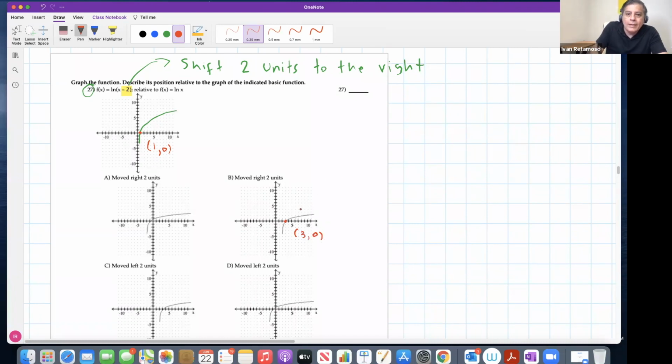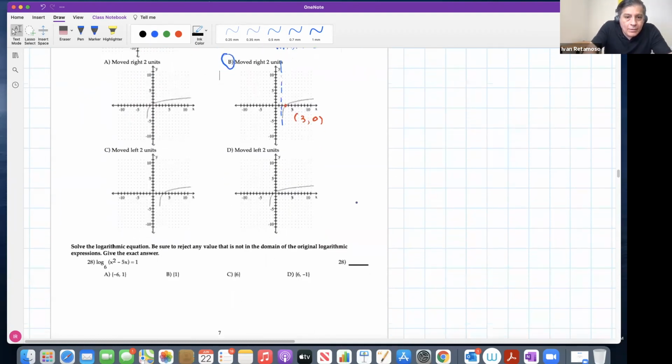And the vertical asymptote, which is here at x equals 0, once you translate it 2 units to the right, will appear at x equals 2 now. Here it was at x equals 0, and now the vertical asymptote is at x equals 2. Great, that's it. Move right 2 units. Great, guys. I hope you will be okay with the graphic.